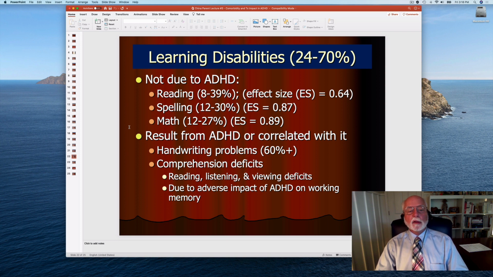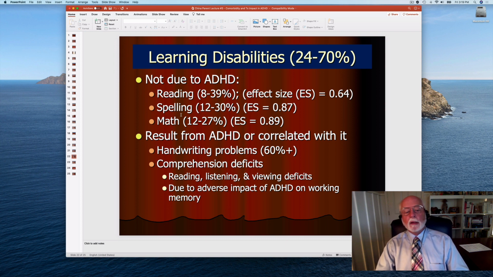The learning disability is not being caused by the ADHD, and therefore treating the ADHD is not as likely to improve the LD. It's going to need its own intervention. Here on the screen, you see the percentage of ADHD children who are likely to have these other disorders, such as reading, spelling, math, and so on.